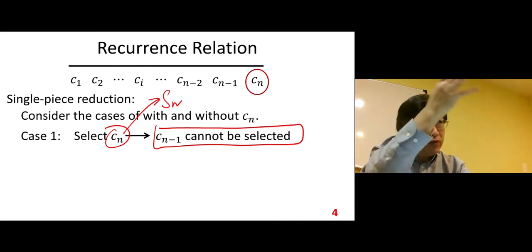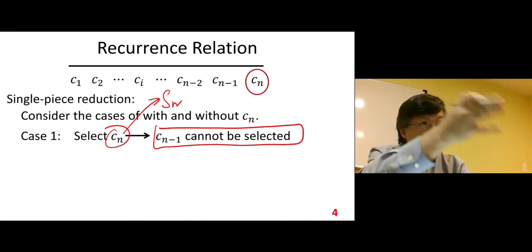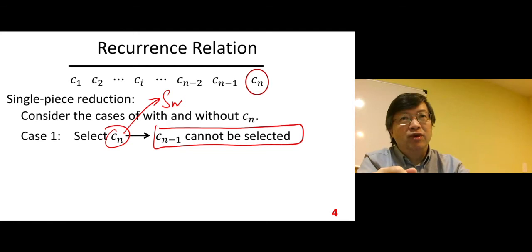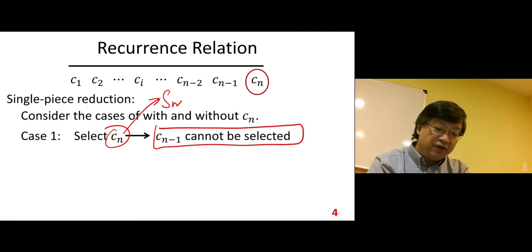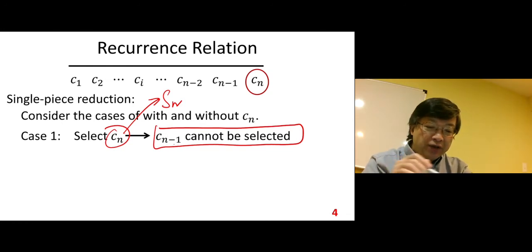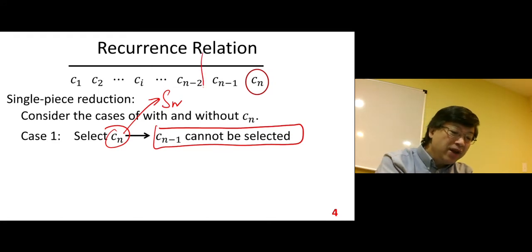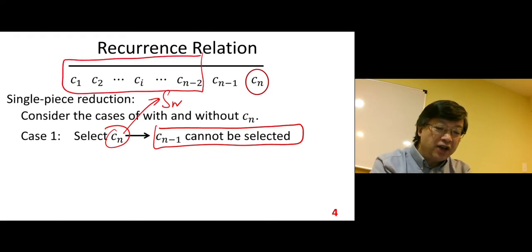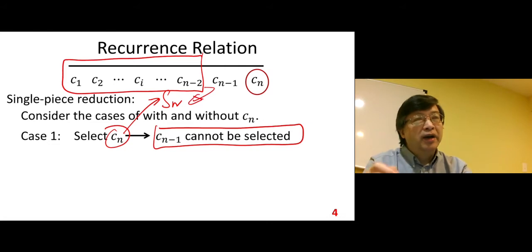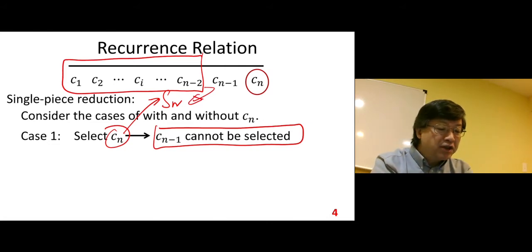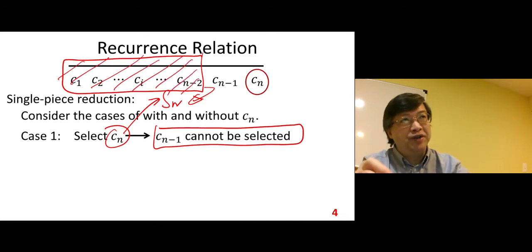In this situation, let us write the f of n function. What is f of n? Because if you cannot contain Cn minus 1, you can only consider the remaining coins in your Sn, right? Now, what is the best solution for the remaining n minus 2 coins?